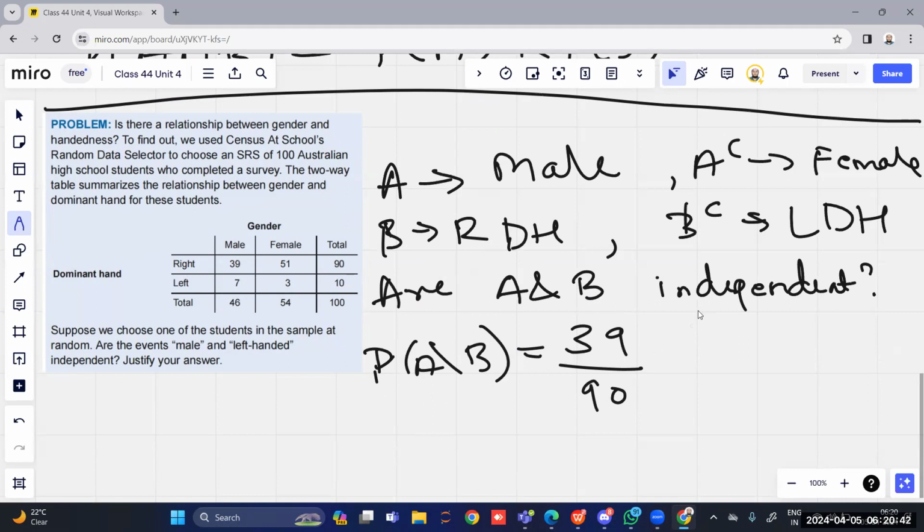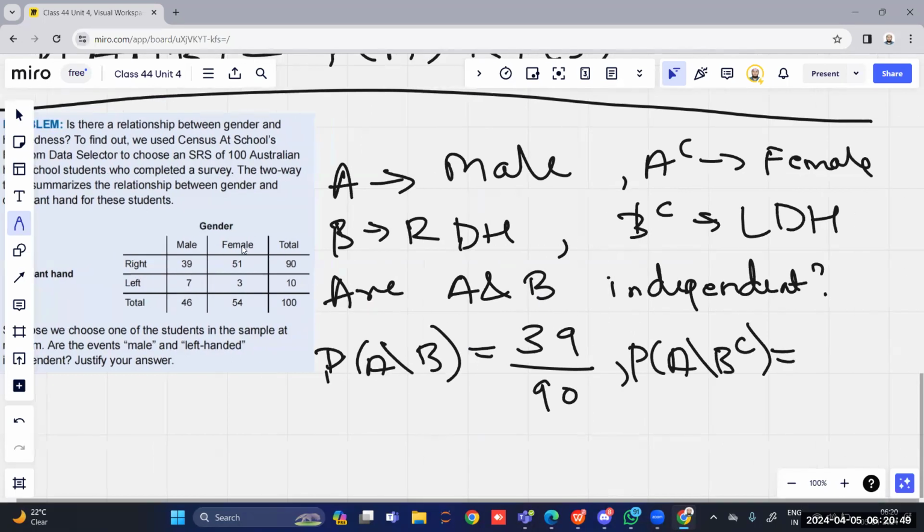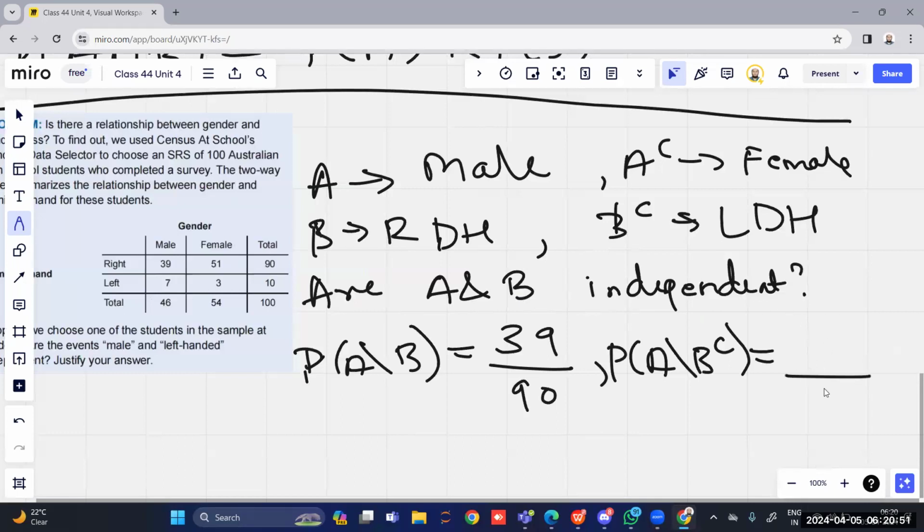Then we need to find probability of A given B complement. B complement is left, so the left total is 10. So it is 10 in the denominator, and A intersection B complement means left and male, so it's 7, 7 by 10.